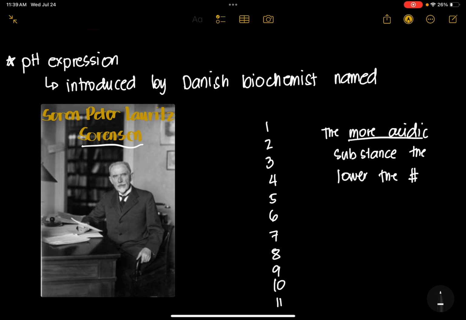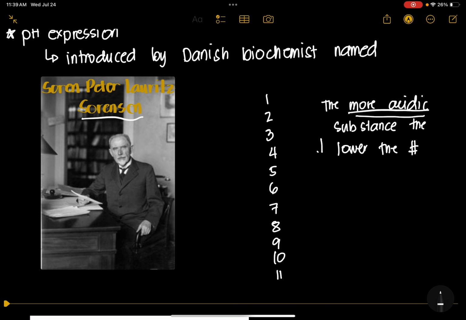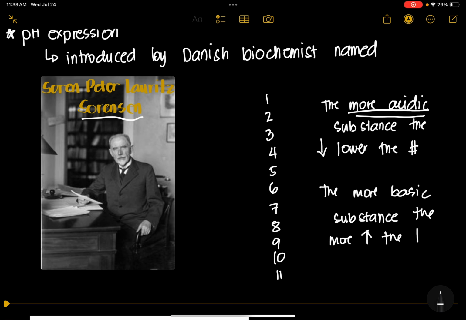However, the more acidic the substance, the lower the number. The more basic the substance, the higher the number. Okay, the neutral is 7.